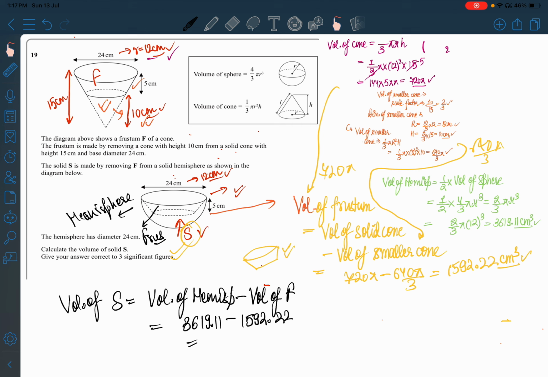So we have got our answer, 2026.89. Now we have to give the answer in three significant figures, so we consider it as 2030 centimeter cube.